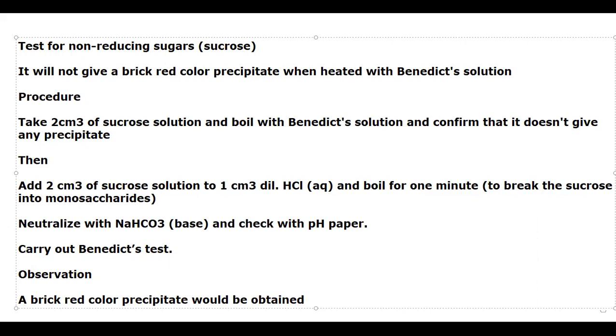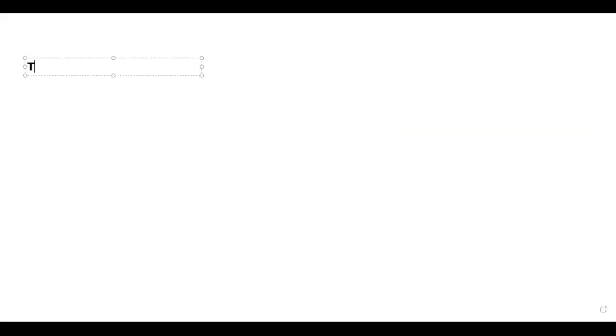Right. Now we are going to work out the third one. The third one is test for starch. Starch powder is in the laboratory, a white color powder.